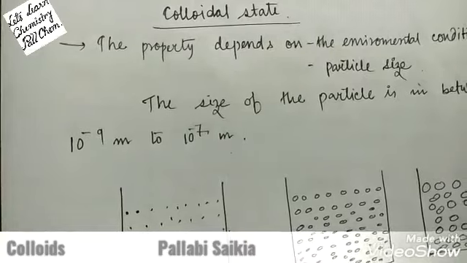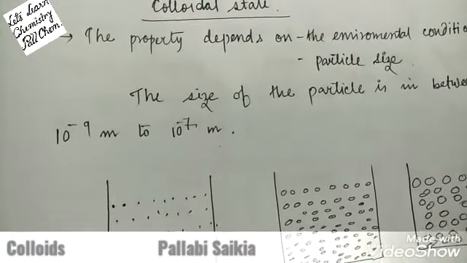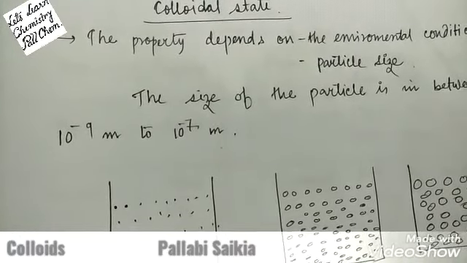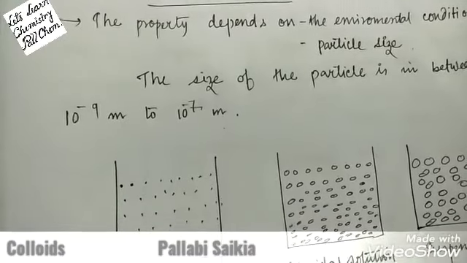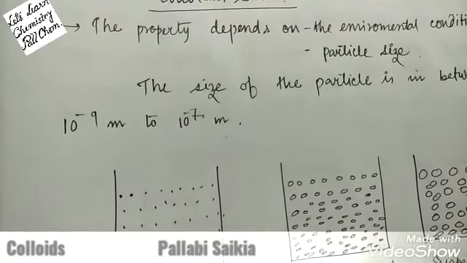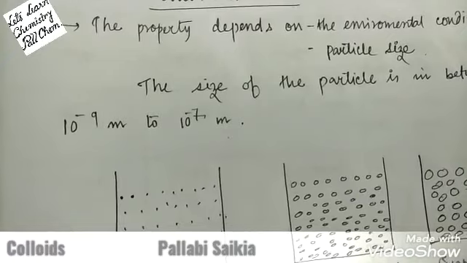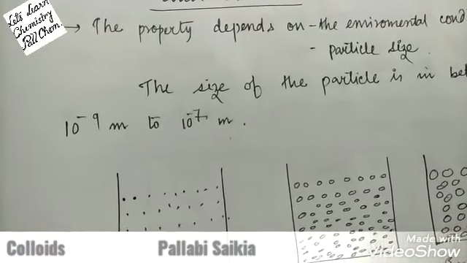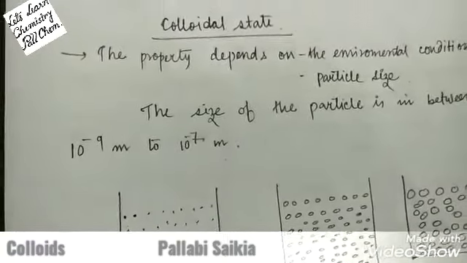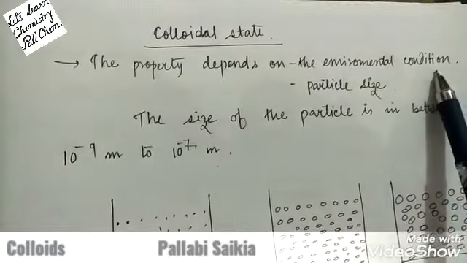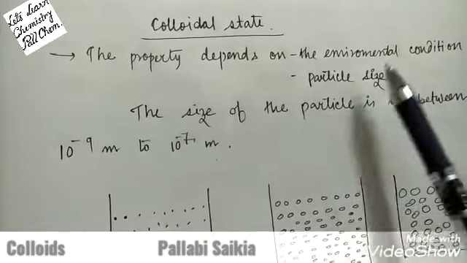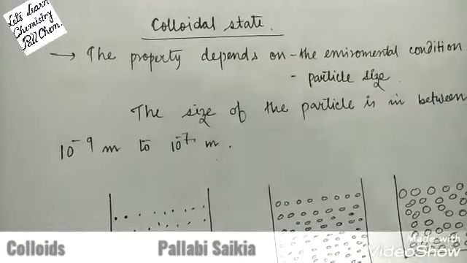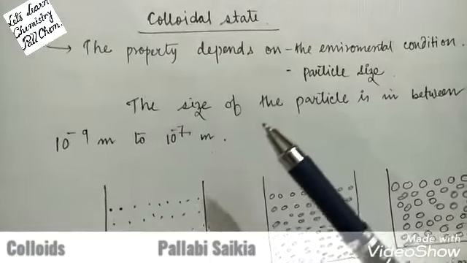But sodium chloride behaves like colloid in benzene. Similarly, soap is colloidal in water, but it acts as crystalloid in alcohol. So depending upon the environmental condition, the property of the particles changes. It may be crystalloid, it may be colloid.